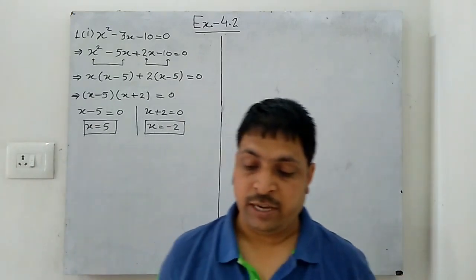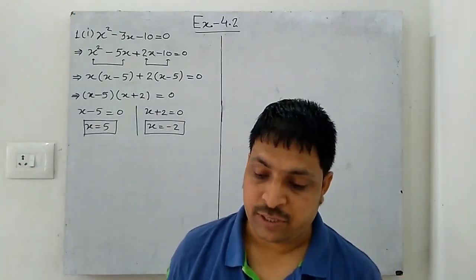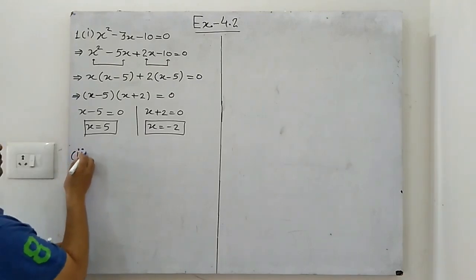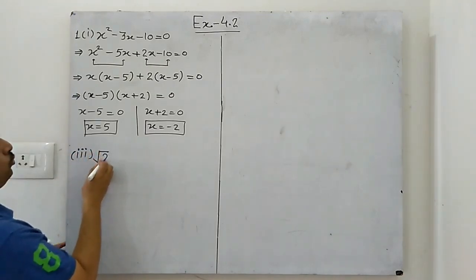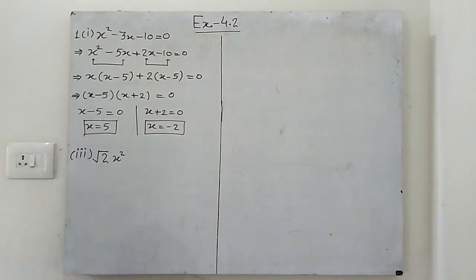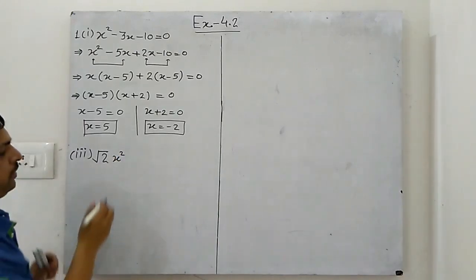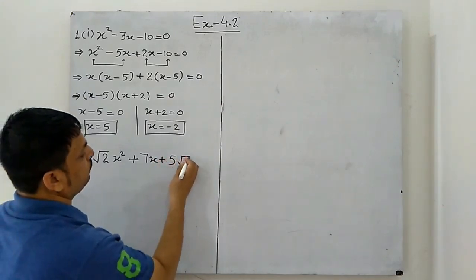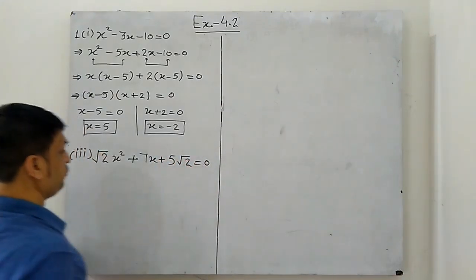Now we are doing the third part of this one. The third part is root 2 x square plus 7x plus 5 root 2 equal to 0.